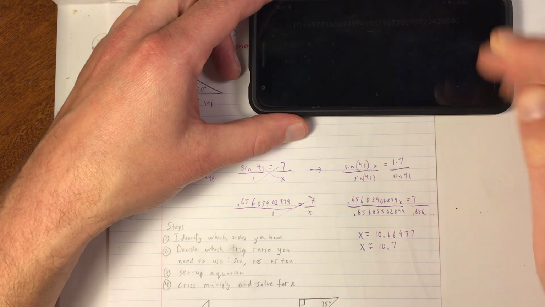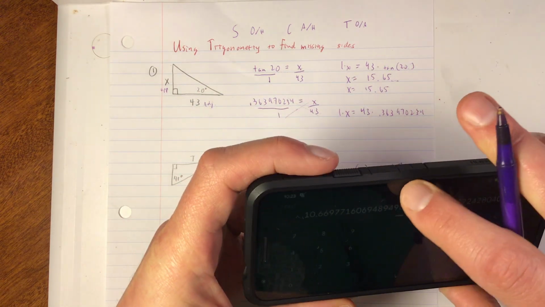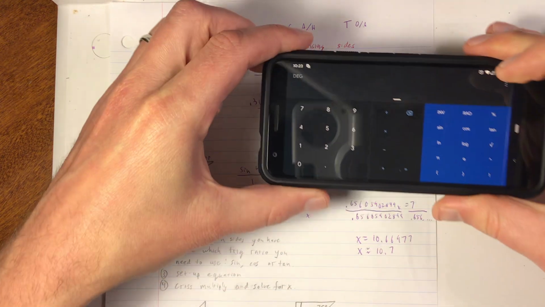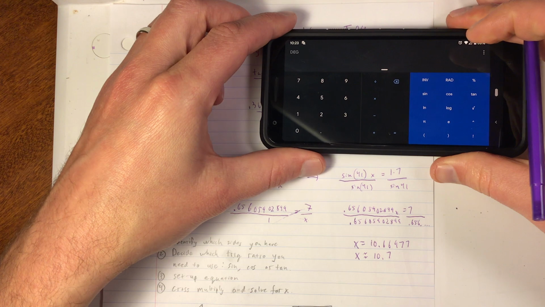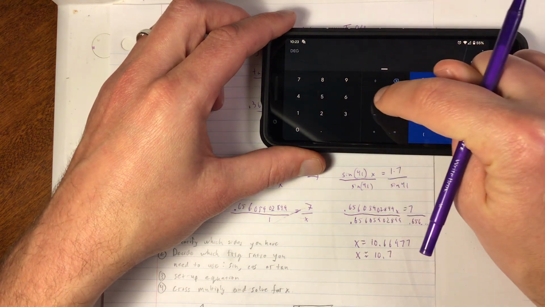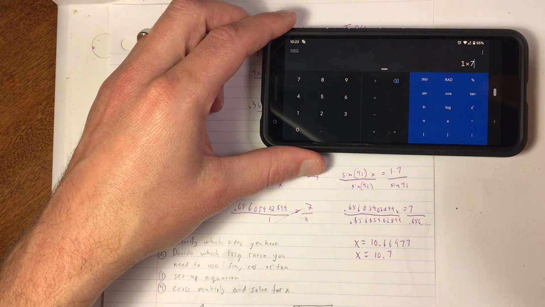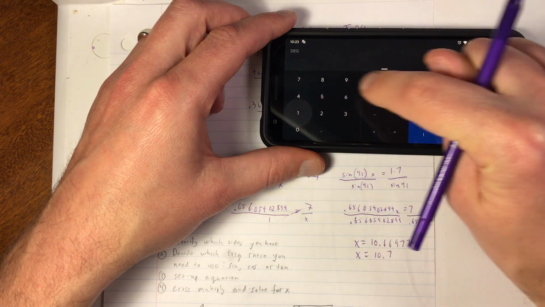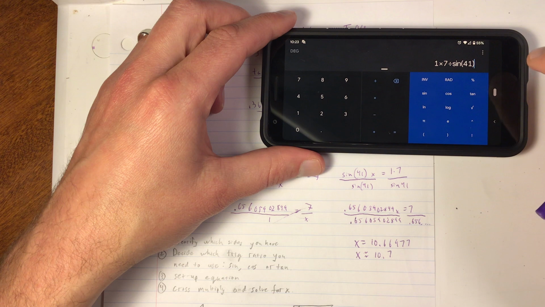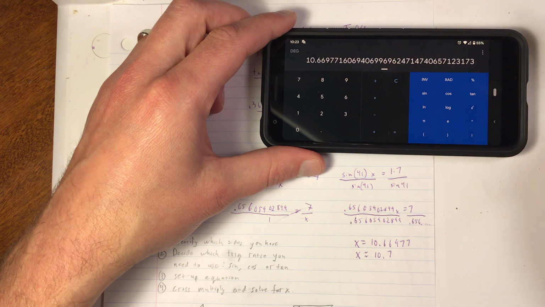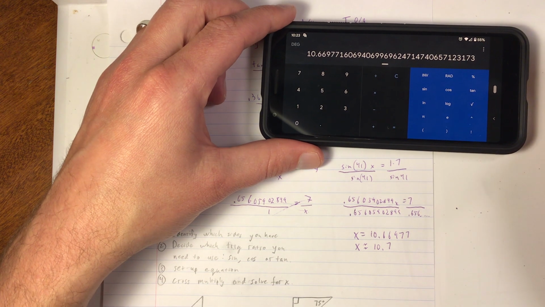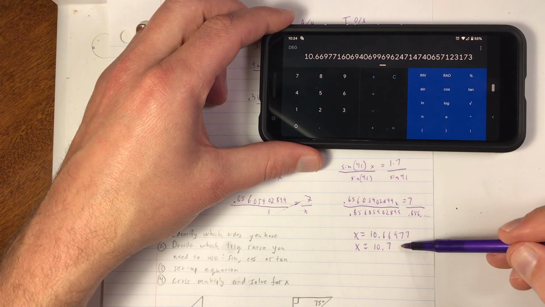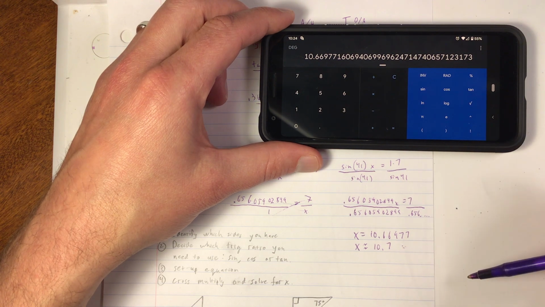So I'm going to come up here to my calculator, and I'm going to take 1 times 7, obviously just 7, divided by the sine of 41. Close my parentheses, hit equals. Amazing, it's the exact same thing.